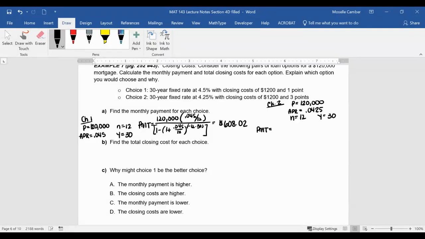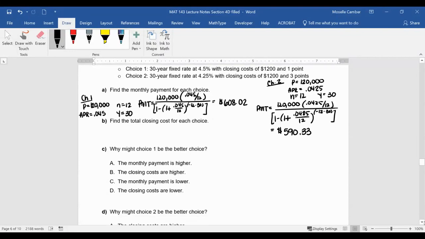Okay, so for choice 2, my payment is 120,000 times my APR over N, all over 1 minus 1 plus APR over N to the negative N times Y. So the payment for choice 2 would be $590.33. So choice 1 is 608, choice 2 is 590.